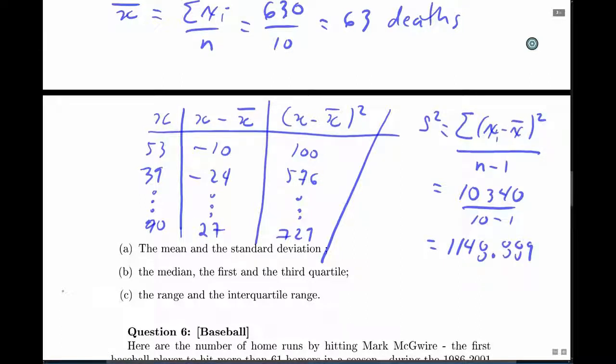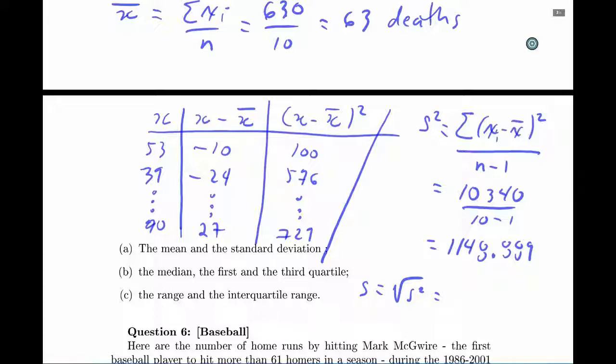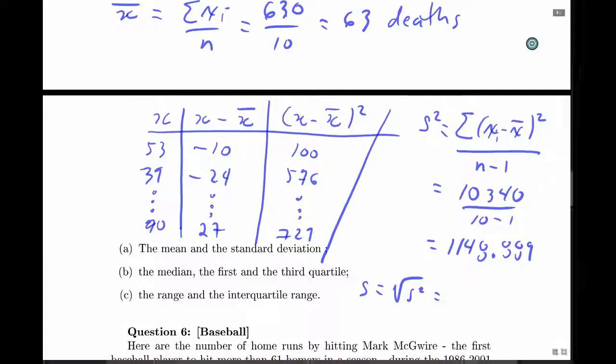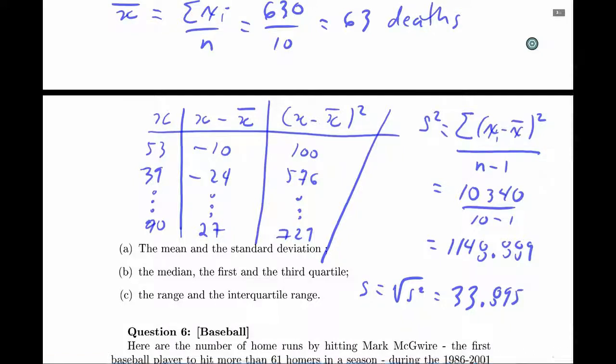And then the sample standard deviation is simply the square root of the sample variance. So I take the square root of 1,148.889, and I end up with about 33.895.